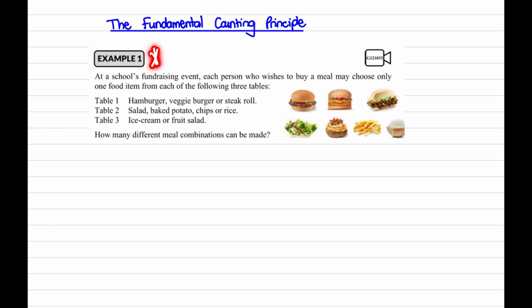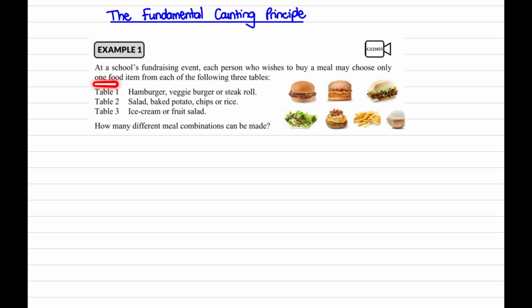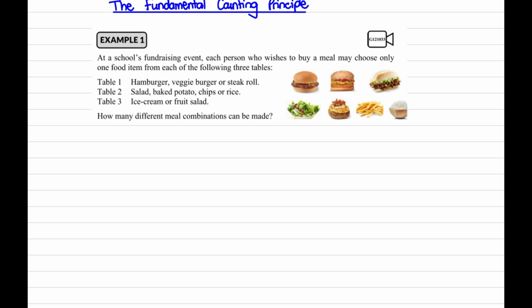Our first example reads as follows. At a school's fundraising event, each person who wishes to buy a meal may choose only one food item from each of the following three tables. On table 1, we have a hamburger, a veggie burger, and a steak roll. So for table 1, we have 3 options in total.